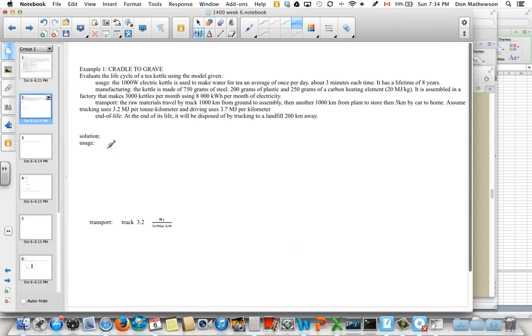So for the usage energy, the energy that's consumed in actually using the appliance, well, we've got 365 days in a year, and then we're using it only once a day. I said twice, but really only once. And then each time I use it, the 1,000-watt kettle, 1,000 joules per second, is on for 3 minutes, and 3 times 60 is 180 seconds.